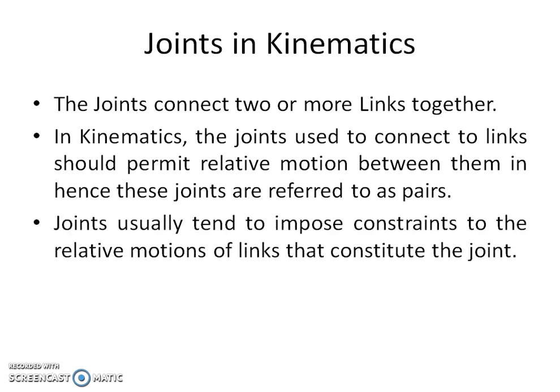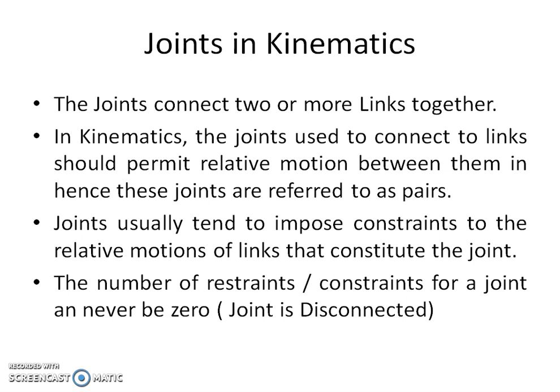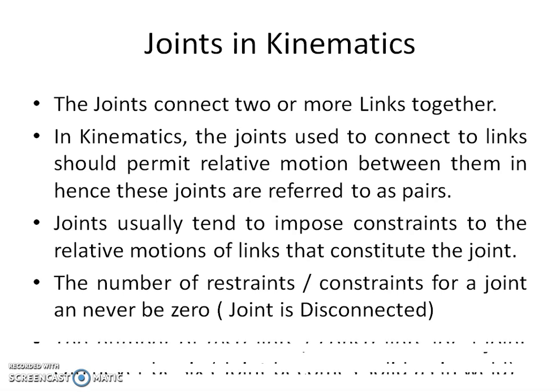Joints usually tend to impose constraints on the relative motion of the links that constitute the joint. The number of restraints or constraints for a joint can never be zero. This means the joint is disconnected and the links are free to move in any direction as individuals.